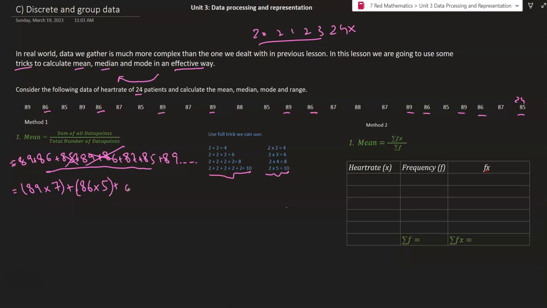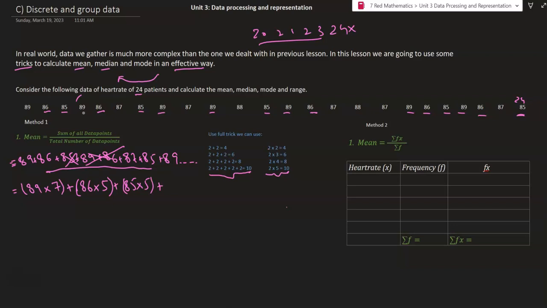Now the next is 85. Let's count: 1, 2, 3, 4, and 5. That's 5 times, so we multiply it by 5.